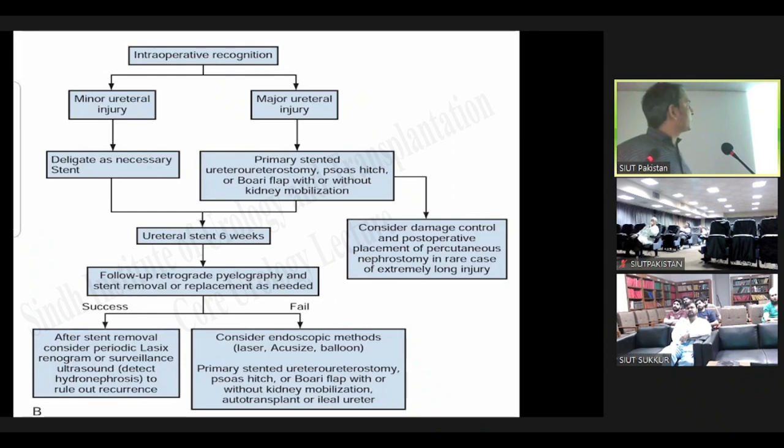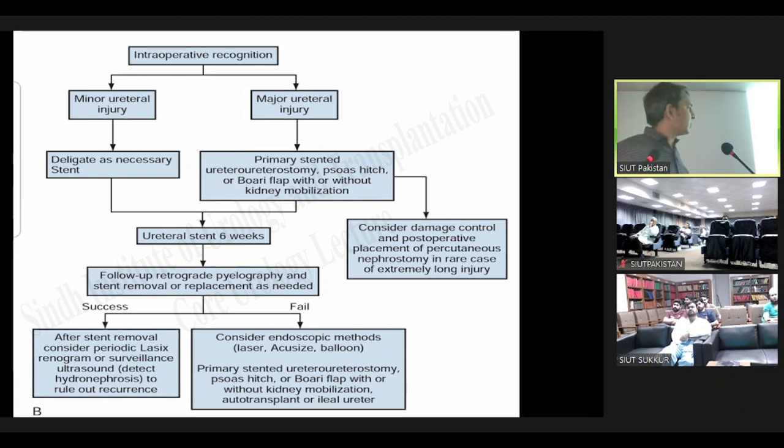And these are the techniques for intraoperative recognition. If there is a minor ureteral injury, then delayed ureteral stent, means place a stent for 6 weeks, and then advise to follow up the patient with retrograde pyelography, or stent removal or replacement is needed. If it is successful, then we will just follow the patient with a renal scan.